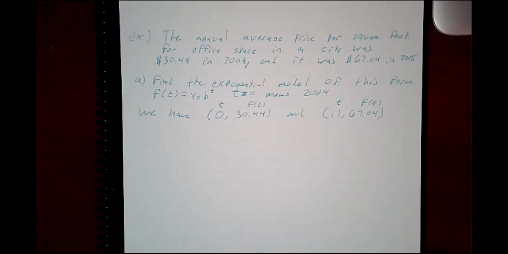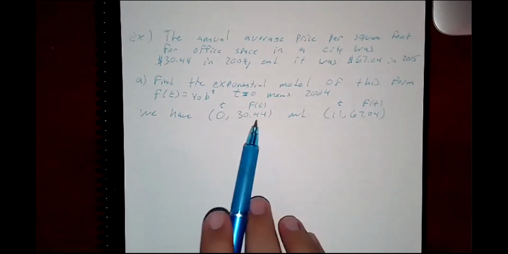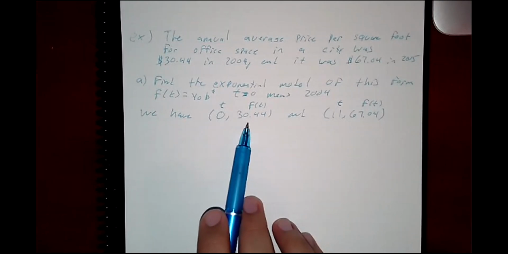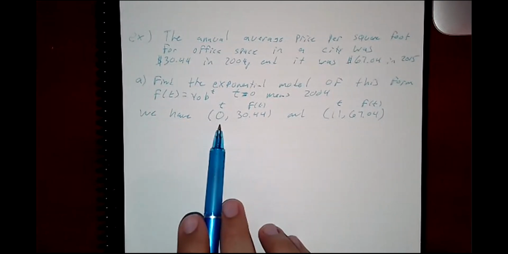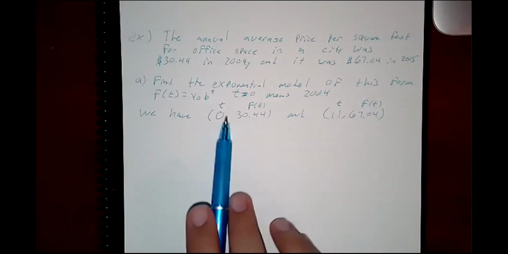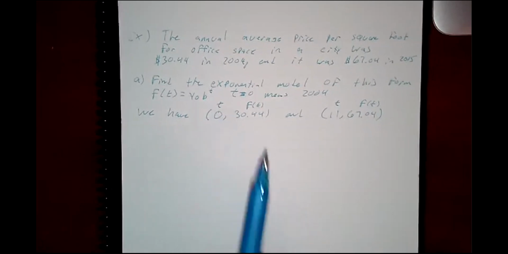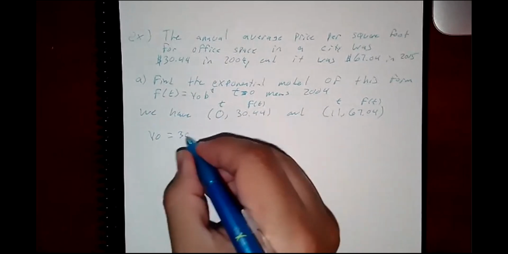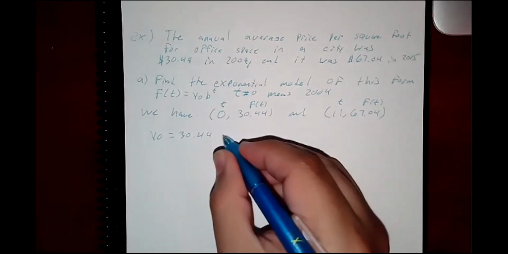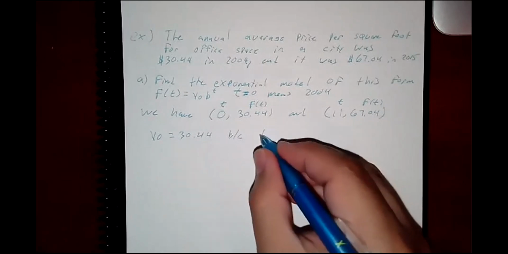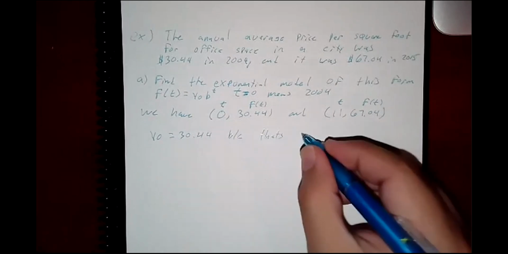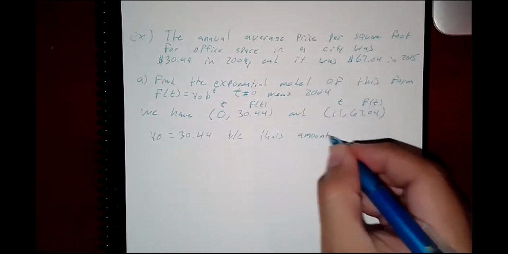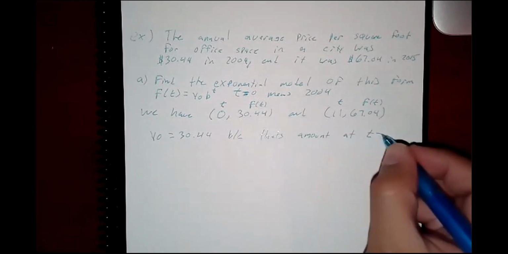Okay. So this is pretty much your starting amount, right? You can plug in 0 and solve it, but it should be clear that at time 0 I have this much. So y-naught is going to be 30.44 because that's the amount at t equals 0.